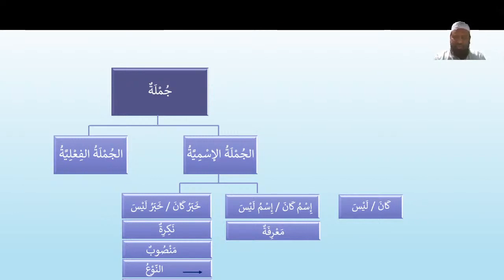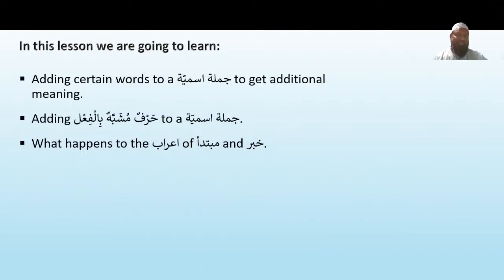Okay, so this is what we have learned so far. I hope you understood and went through the last lesson, everything about kana and laysa. Alhamdulillah, we've completed that. Now in today's lesson we're going to add certain words to jumla ismiya to get additional meaning: adding harfun mushabbahun bil fi'l to a jumla ismiya, and what happens to the i'rab of mubtada and khabar.